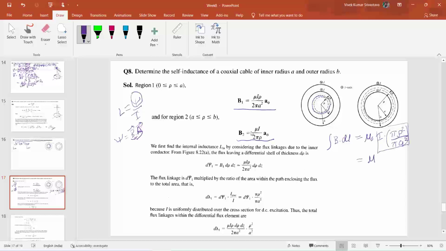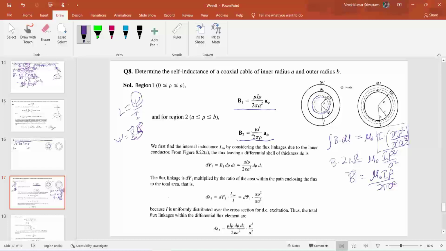So this we defined as mu naught I rho square over a square, and this integral we can find as 2 pi into rho. So this rho will cancel, and that's how you can calculate the value of field, that is mu I rho over 2 pi a square. That's how you can calculate the magnetic field inside this Amperian path placed inside the inner conductor.